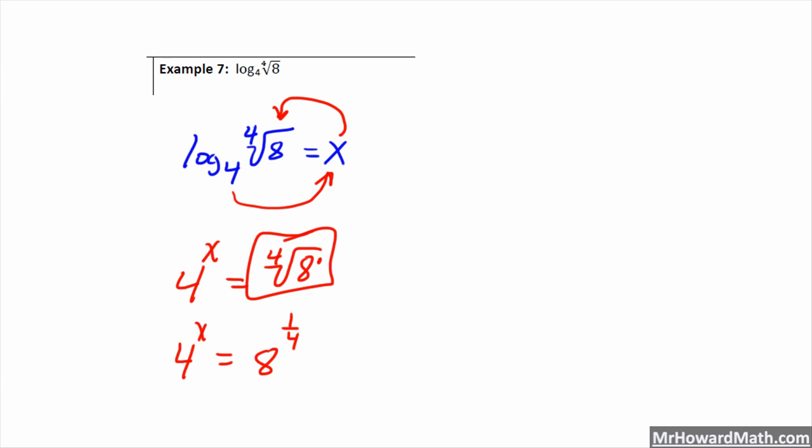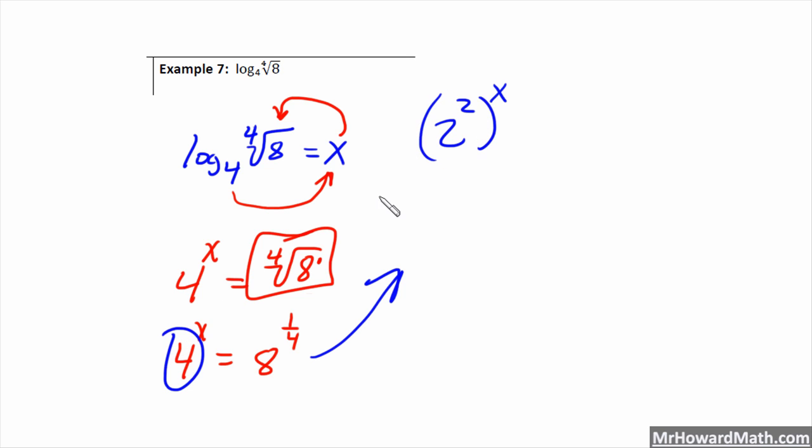Okay, now just like when we worked with exponentials in the last unit, we need like bases. So we can rewrite 4 with base 2 and we can rewrite 8 with base 2. So in the next step coming up here, that's what we're going to do. So 4 is 2 squared raised to the x power still. So the 4 is this 2 squared and we're still raising to the x power here.